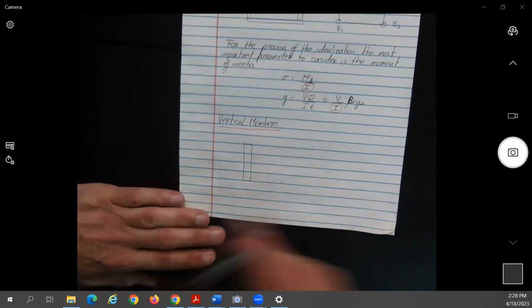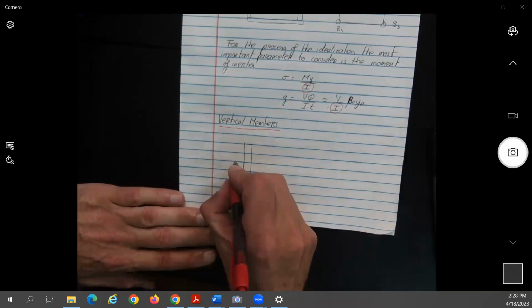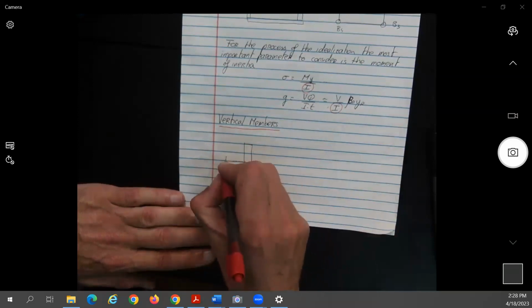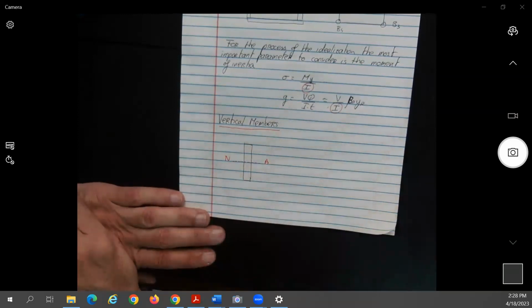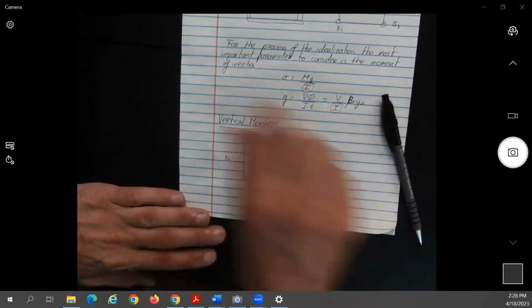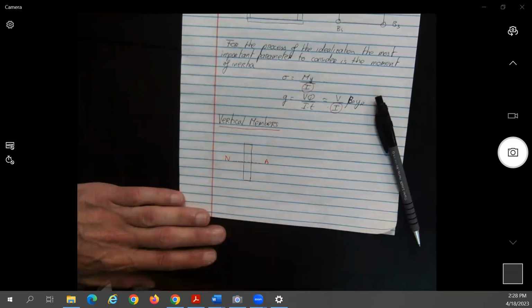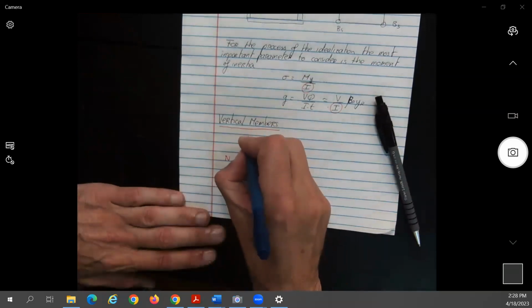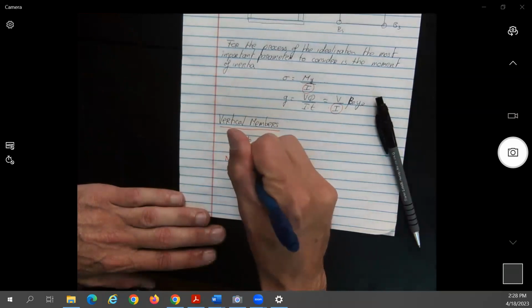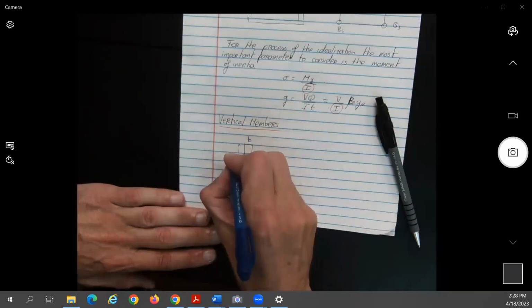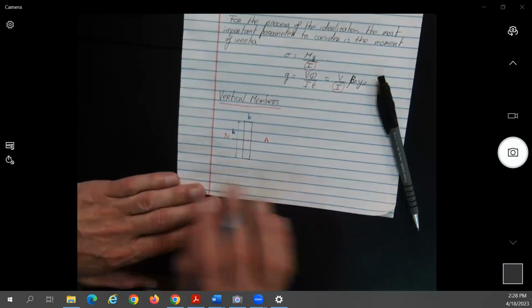Okay, so let's say our vertical member. Let's put the location of the neutral axis, and we use the normal notation. Let's say the width of this panel is b and the height is h.